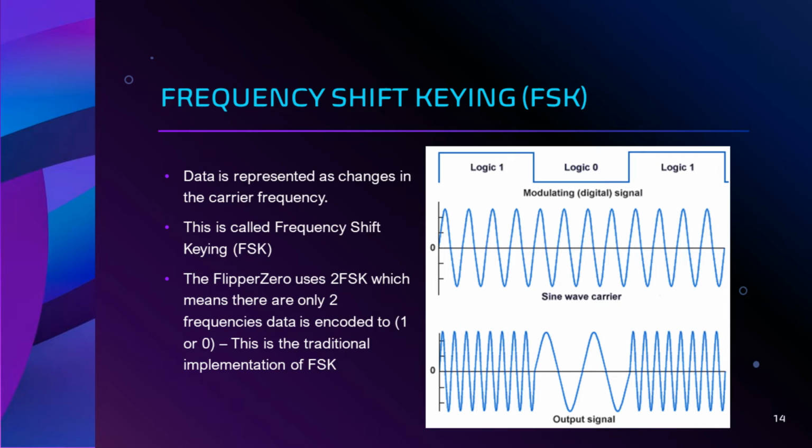This is traditional. It doesn't mean anything extra, but there are variations of this that use like 4FSK or more, and that is how you get more data through a single wave. But we're mainly going to be dealing with 2FSK, and I believe the Flipper Zero can only do 2FSK. I could be wrong there though.